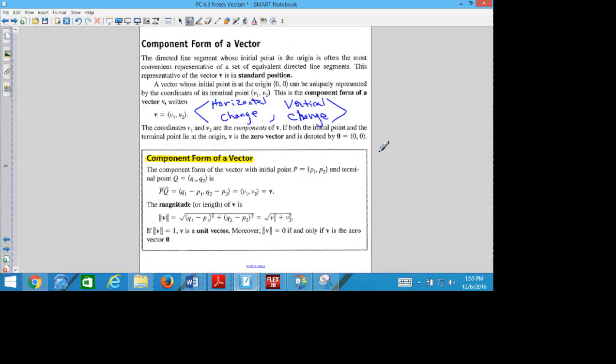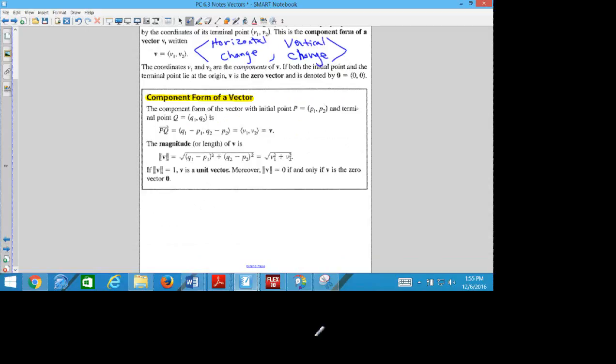Now, they have a formula for component form of a vector. I do not like the fact that they use P's and Q's in the book. So I'm going to write over it. We're going to scribble it out and change the letters so it makes more sense to us. The component form of the vector with an initial point P, I'm not going to call that P1, P2. I'm going to call that X1, Y1.